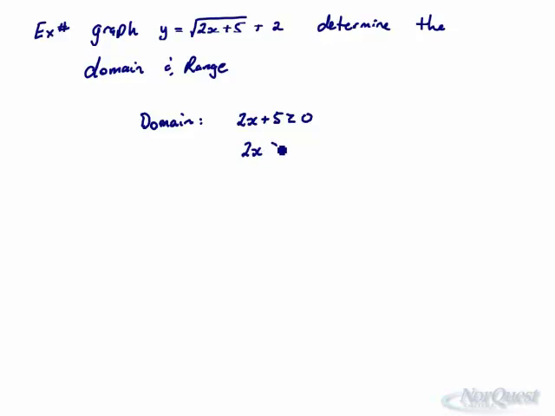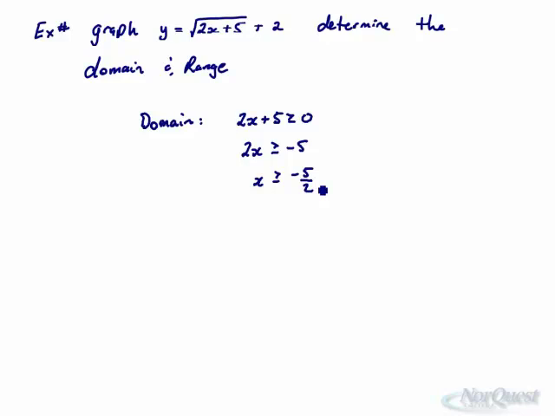So solve this little inequality. It gives you 2x greater than or equal to negative 5. Divide by 2. x will be greater than or equal to negative 5 halves. And if you would have used your trace feature on the calculator, you could have approximated that as well. But here's a real quick way to do this algebraically.